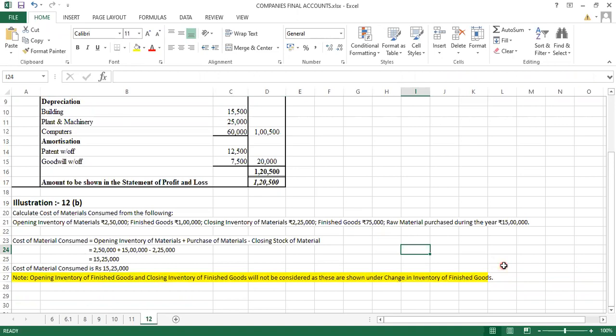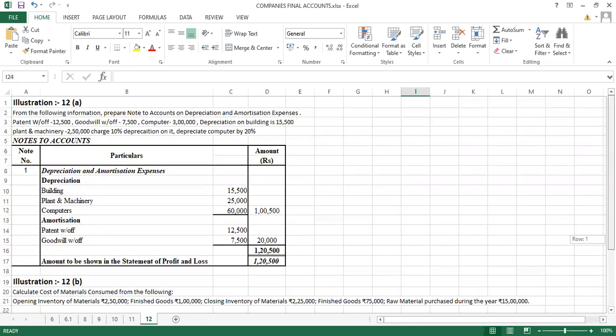We only have to take the opening and closing stock. Okay, opening and closing inventory. We don't have to take the opening and closing finished goods. This was a short sum on how to prepare notes to accounts.